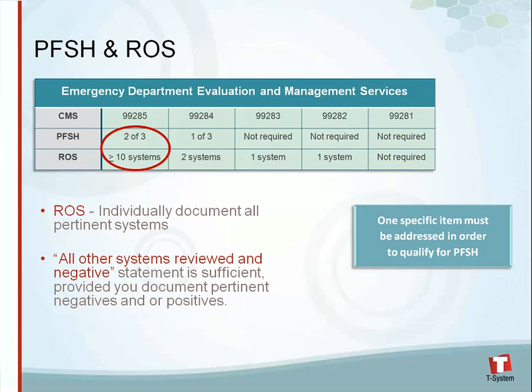The other thing with the past family social history is you need to be specific. CMS states one specific item must be addressed in order to qualify. CPT says that you need a specific item that is directly related to the chief complaint. So what you want to avoid in these circumstances is using language like non-contributory or negative. When we come to audits, that type of language can be problematic.